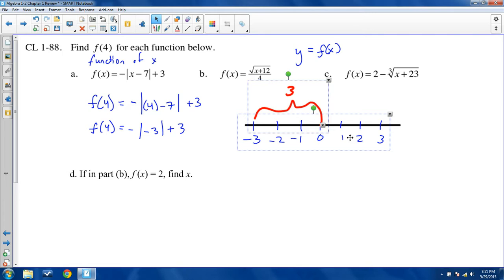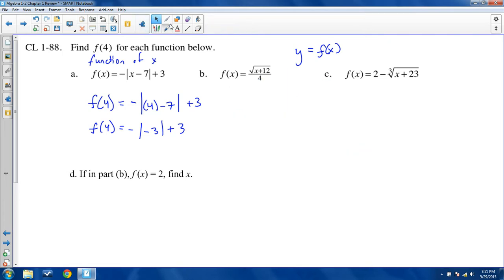I know, you make it positive. I understand that's what you do, but it's not literally just that. There are other reasons you want to know that it's not just that, especially when you move up in the math world of computing problems. So that's the absolute value of negative 3. That's 3. Now, this negative was still outside of here, so that negative still gets applied. This is the opposite of 3, so negative 3.